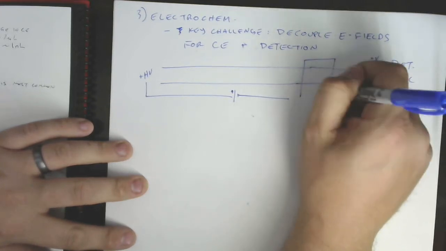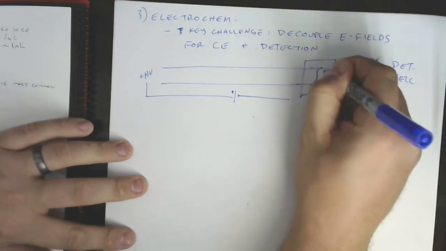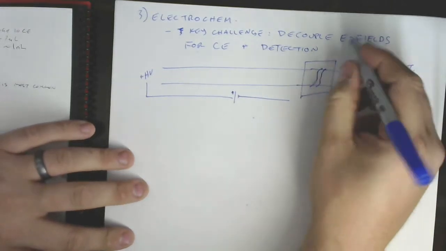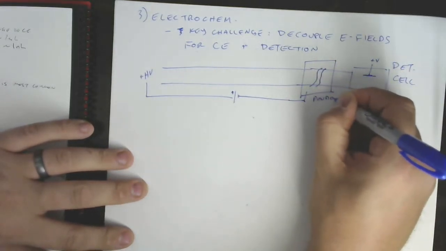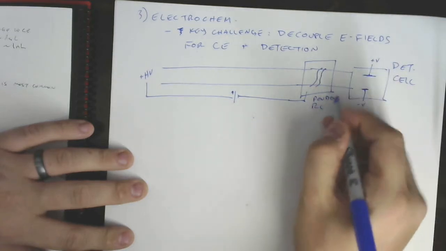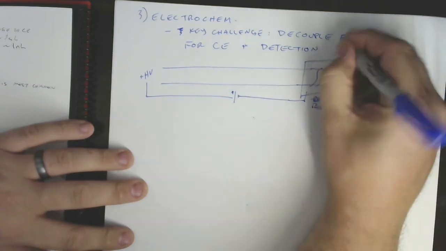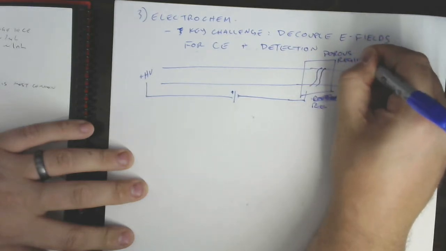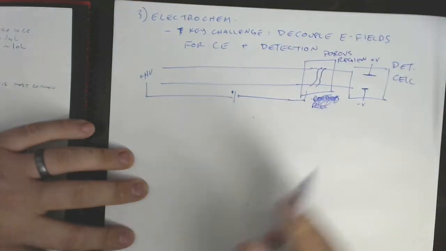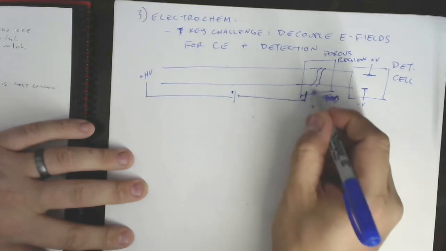And there's some region in the capillary where we get a small break or a porous region. Okay, so we have some porous region here in the capillary wall.